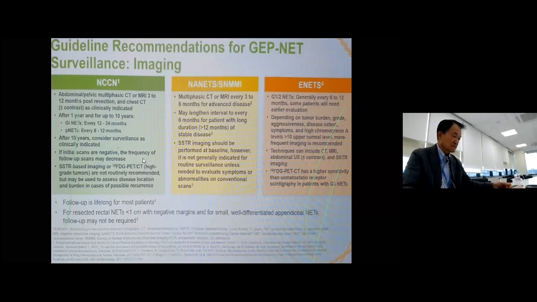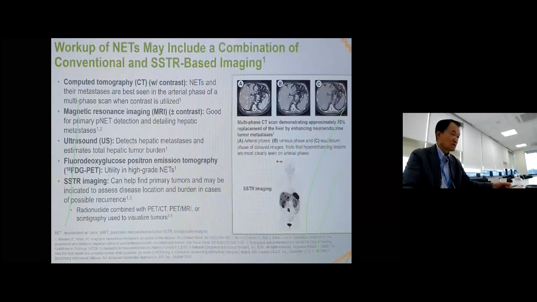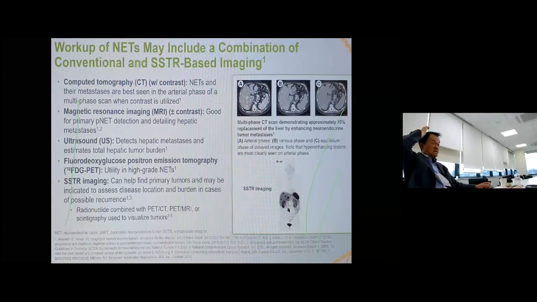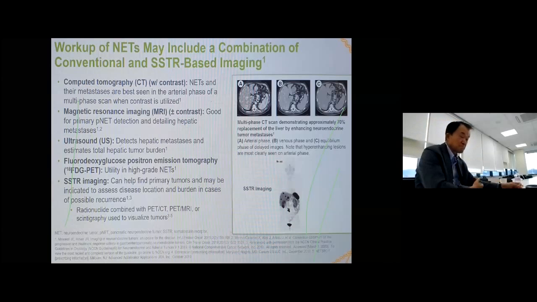As I mentioned earlier, when we initially diagnose by MRI, CT, and if there's a tumor in the ileum, small bowel, we recommend surgery to avoid any intestinal obstruction, and histological diagnosis is obtained.